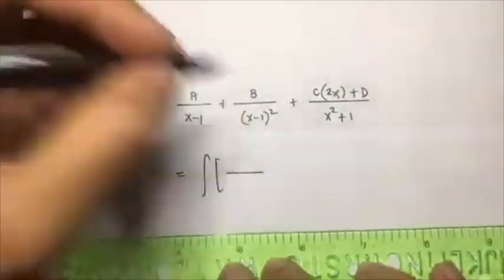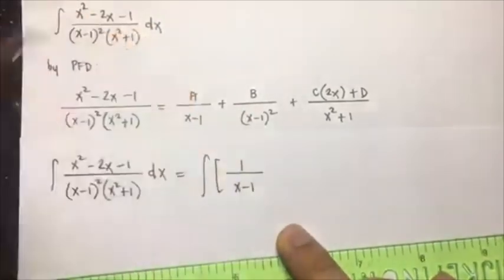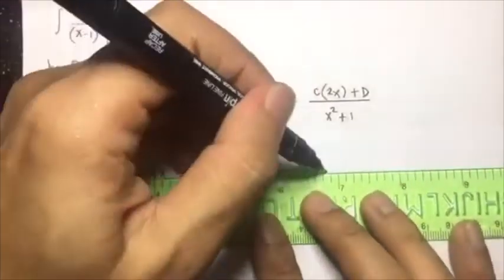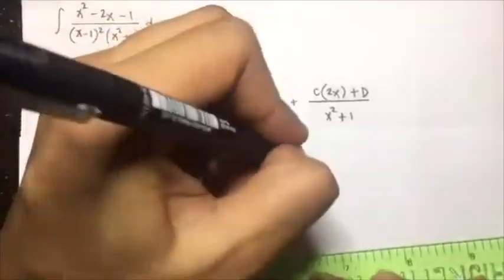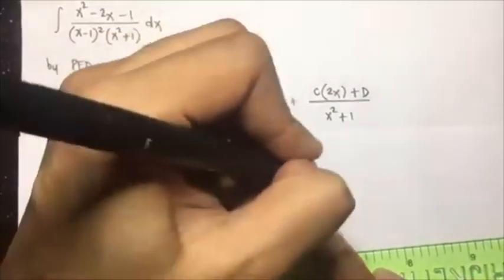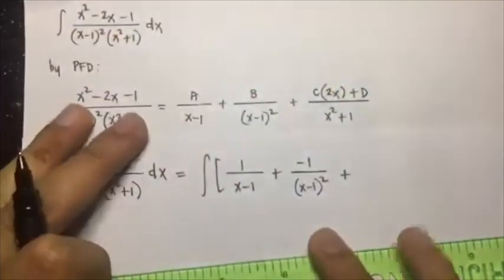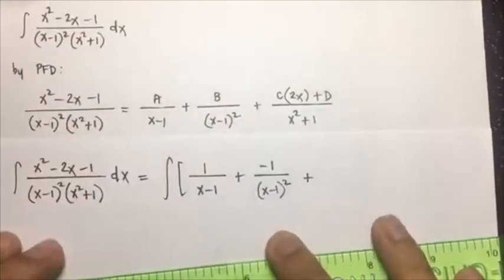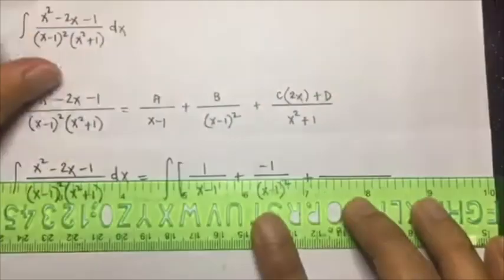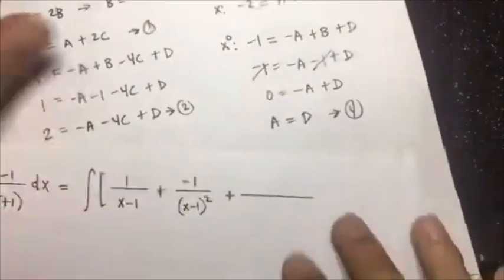So we'll have 1 over x minus 1 plus b, the value for our b was negative 1, so negative 1 over (x minus 1) squared, plus the value for our c was negative 1/2. Let me check. c is equal to negative 1/2.